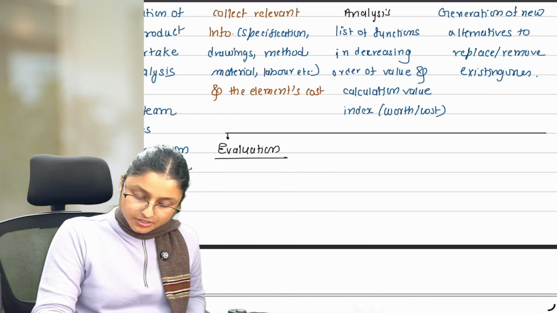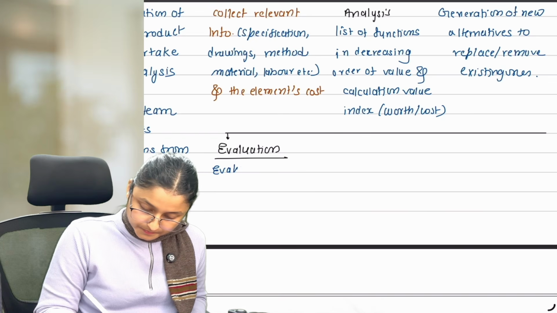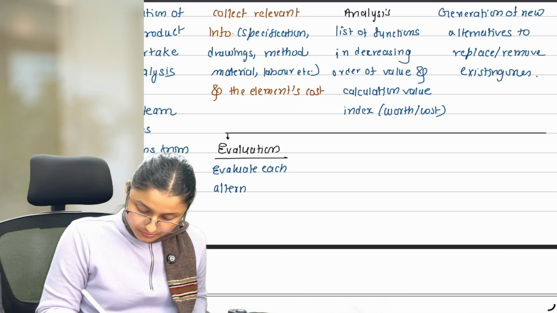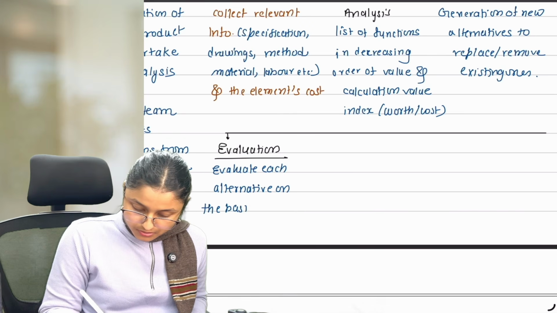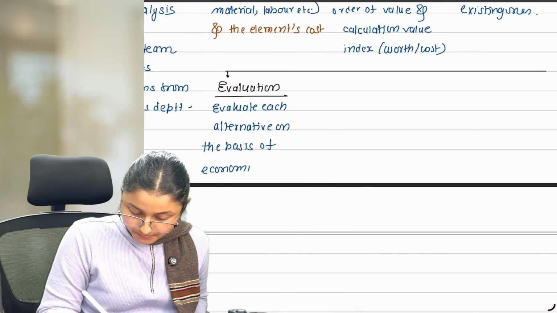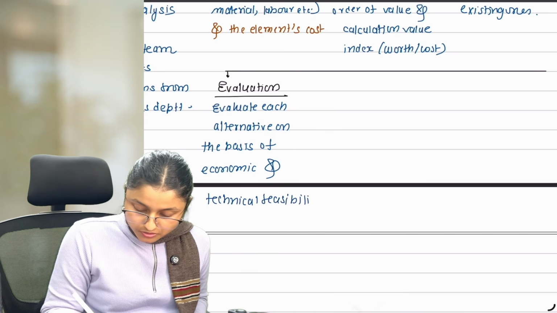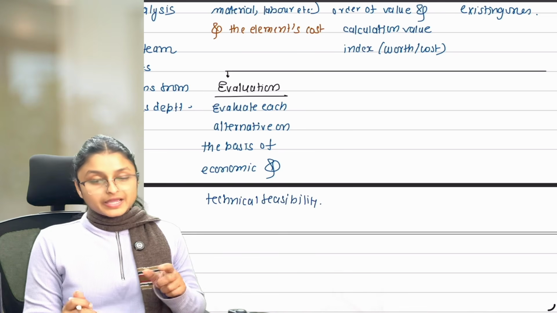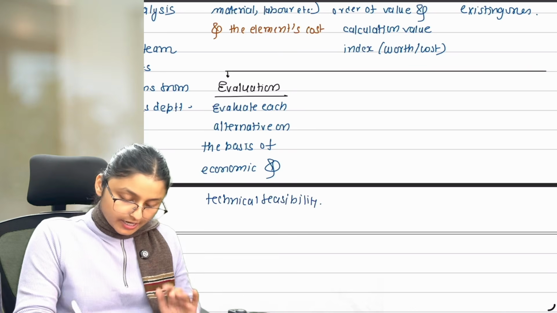In the evaluation stage, we will evaluate all the alternatives. So evaluate each alternative on the basis of economic and technical feasibility. Right? So on the basis of whether it is costing less or not, and whether it is able to perform that function as it is or not, we'll evaluate all the alternatives.